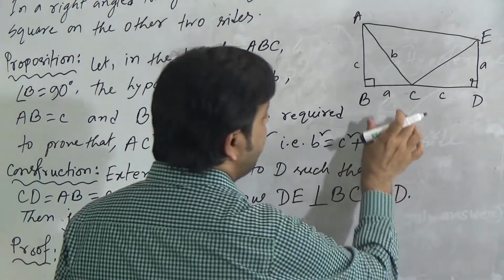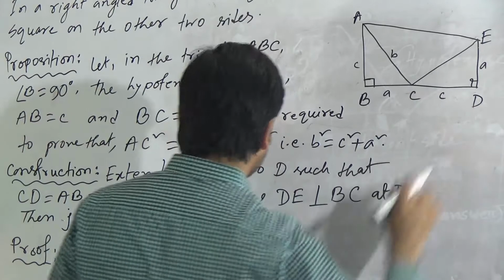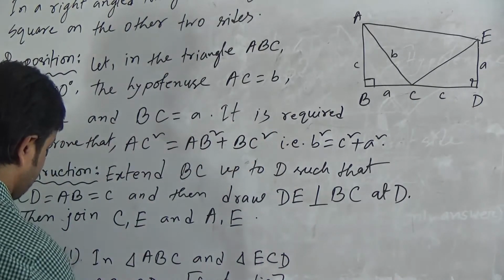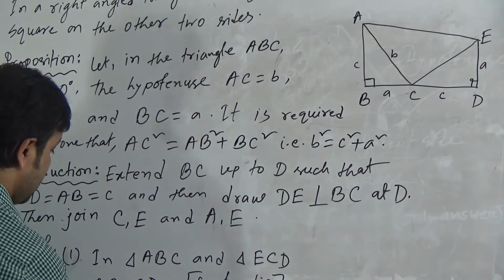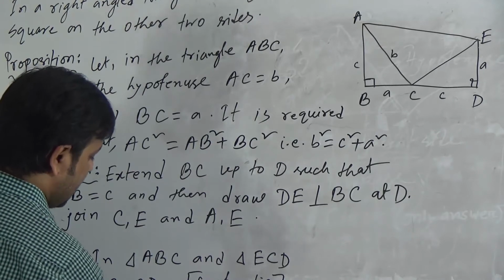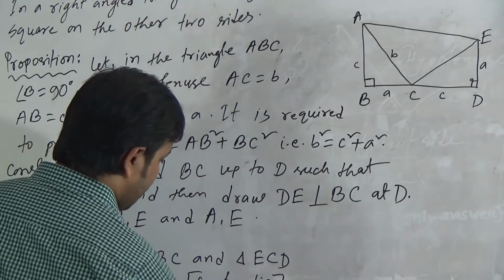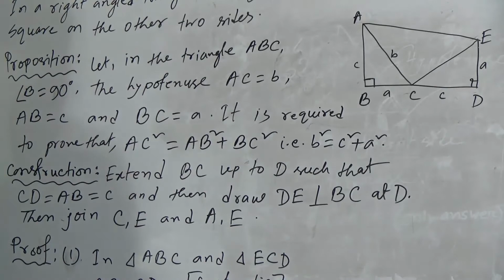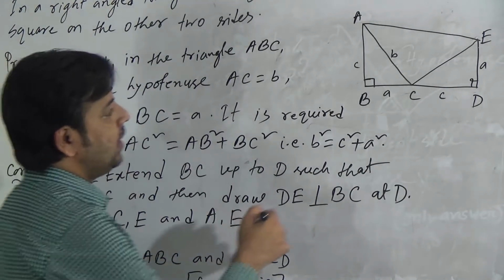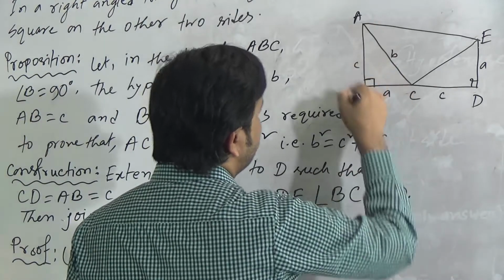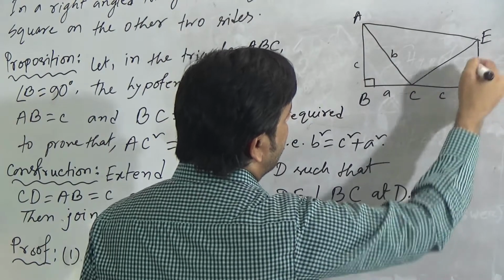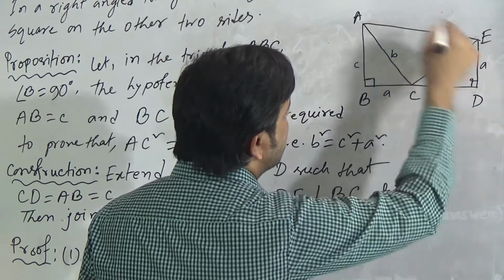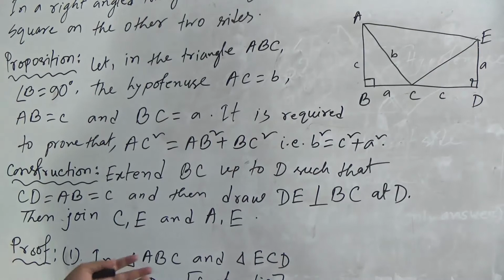And we know BC is equal to DE. This is also according to construction. And included angle ABC is equal to included angle EDC or CDE. We can take anyone.